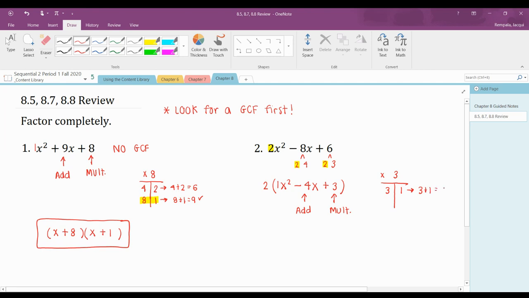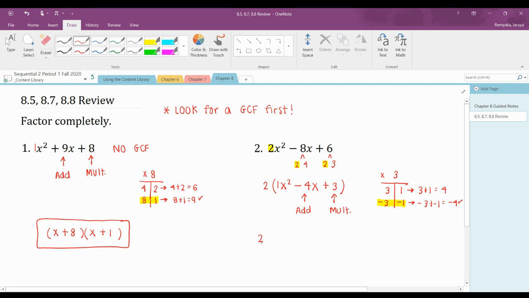When I add those together, I get positive 4. While it's super close, I really want negative 4, so positive 4 doesn't work. The other way to multiply to 3 would be negative 3 times negative 1. A negative times a negative gives me a positive, and when I add those two numbers together, I get the negative 4 that I'm looking for. So negative 3 and negative 1 are going to be part of my final factored answer.